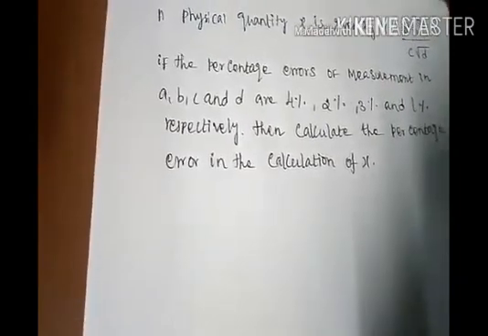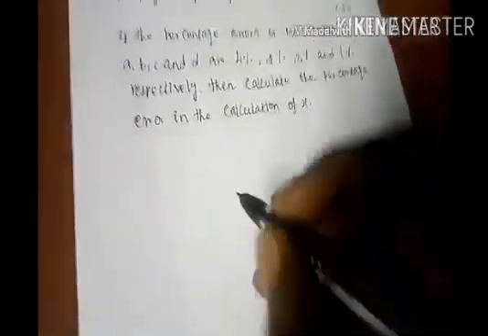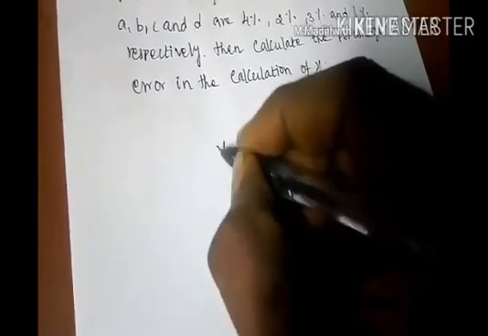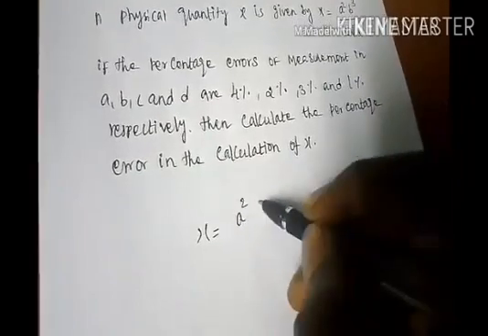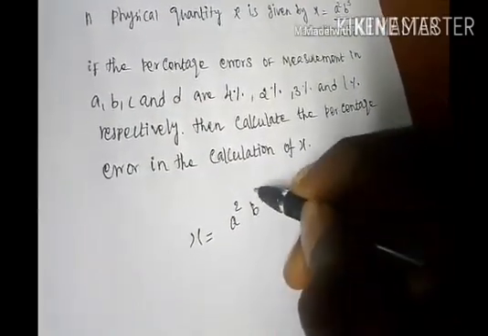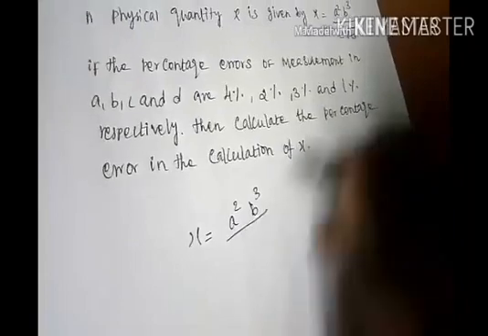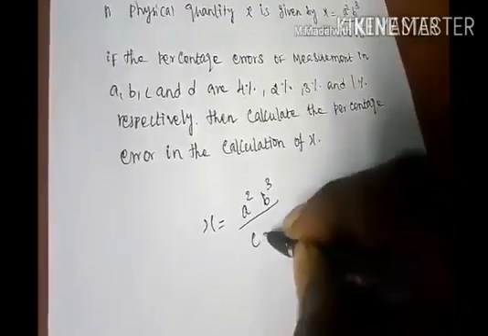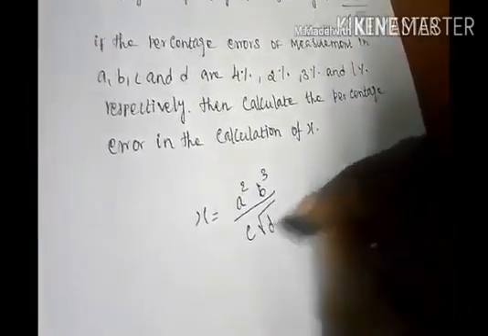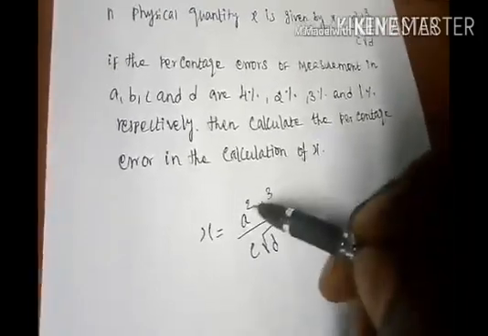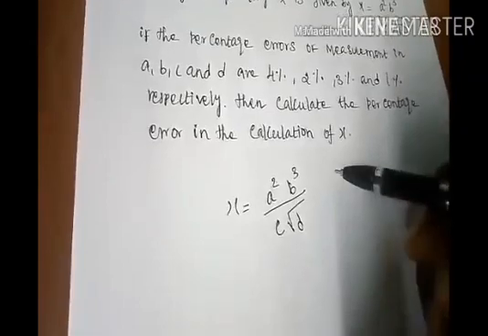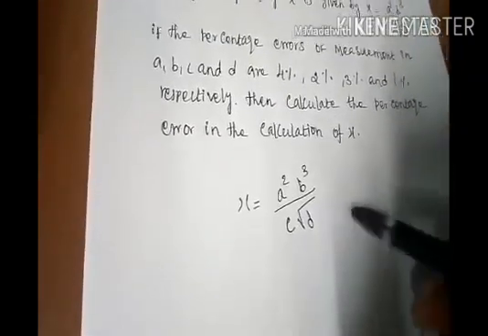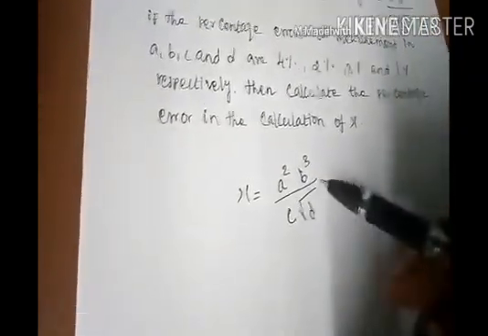First, what is given here? Given is x equal to a squared b cube divided by c into root d. Here we have powers, so we have to use the formula for error in the power of a quantity.